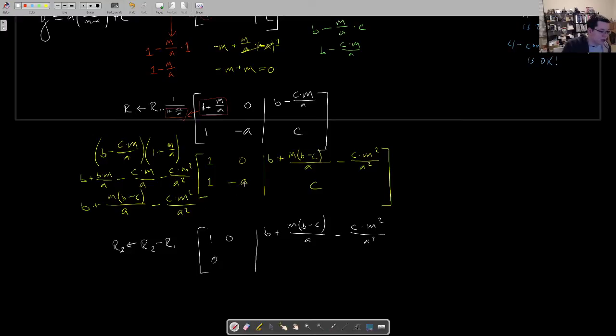Negative a minus 0 is negative a. And then we're going to have c minus b minus m times b minus c over a plus c times m squared over a squared.